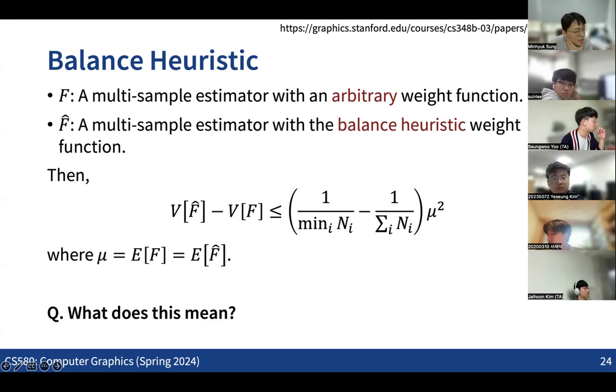When you take the difference between the variance of the multi-sample estimator with the balance heuristic weight function and that with some arbitrary weight function, it means that actually the variance of the multi-sample estimator with the balance heuristic weight function can be bigger than the variance of an estimator with some arbitrary weighting function, right?